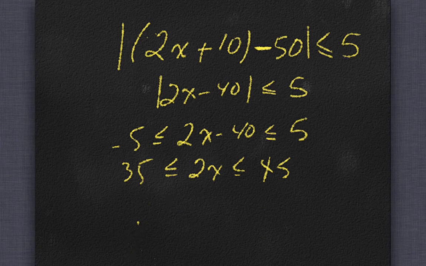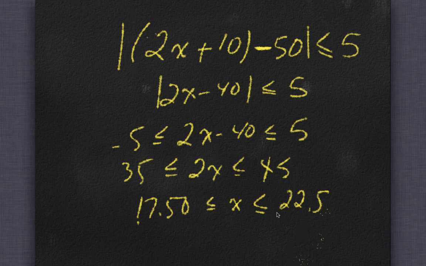And then you divide by 2. So what this means is, I'm assuming that whatever the item is, I can't make half of it. So this means that I actually need to do 18, 19, 20, 21, or 22. Because if I do 23, I'm outside the range. If I do 17, I'm outside the range.